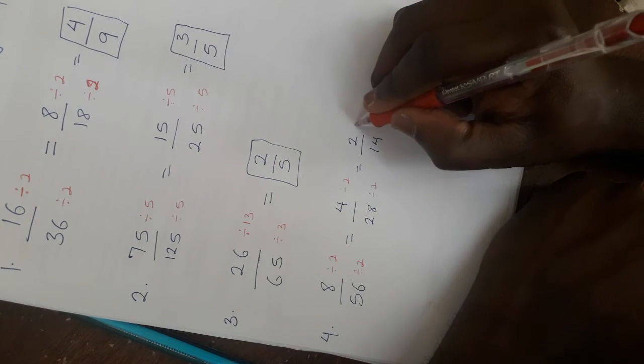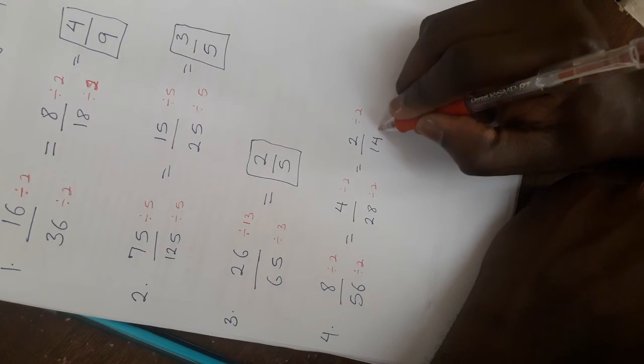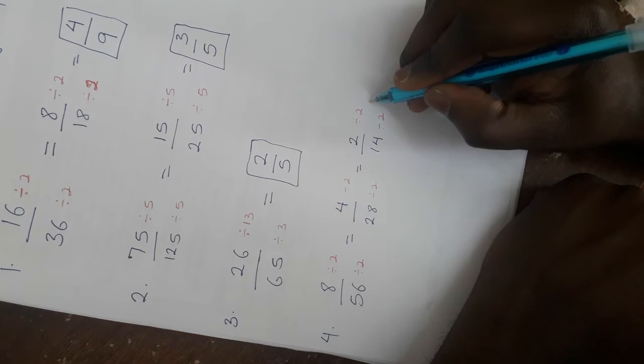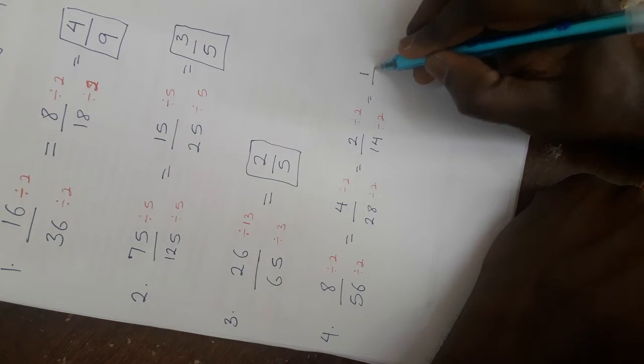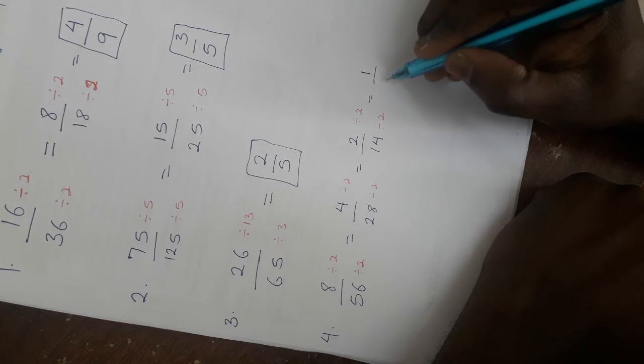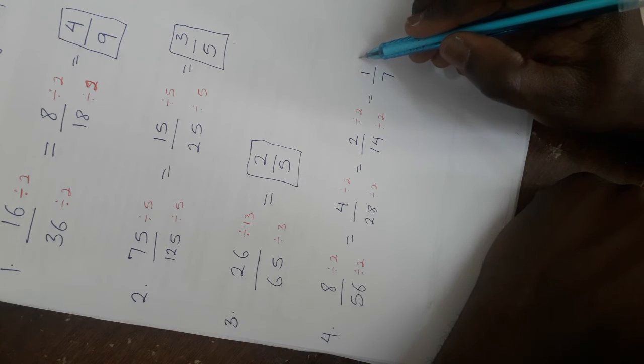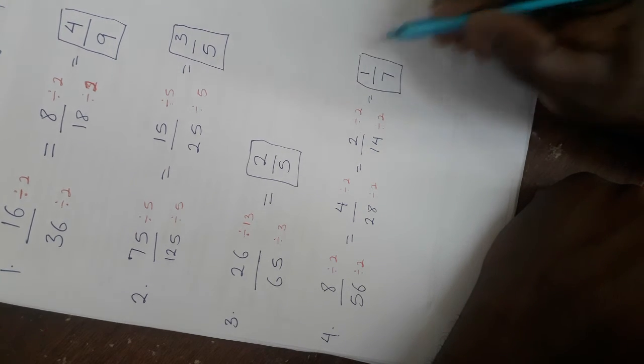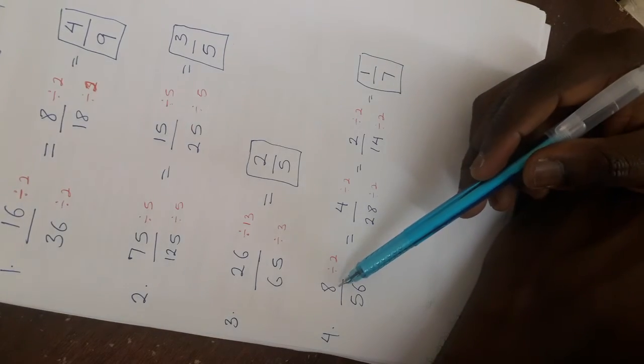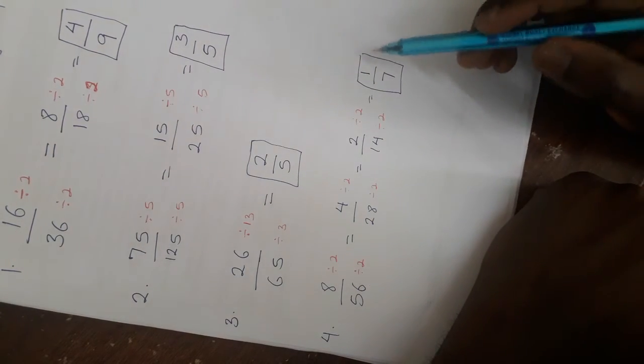So I will again divide by 2. 2 divided by 2 is 1, and 14 divided by 2 is 7. As you can see, I cannot divide further. So the simplest form of 8 over 56 is 1 over 7.